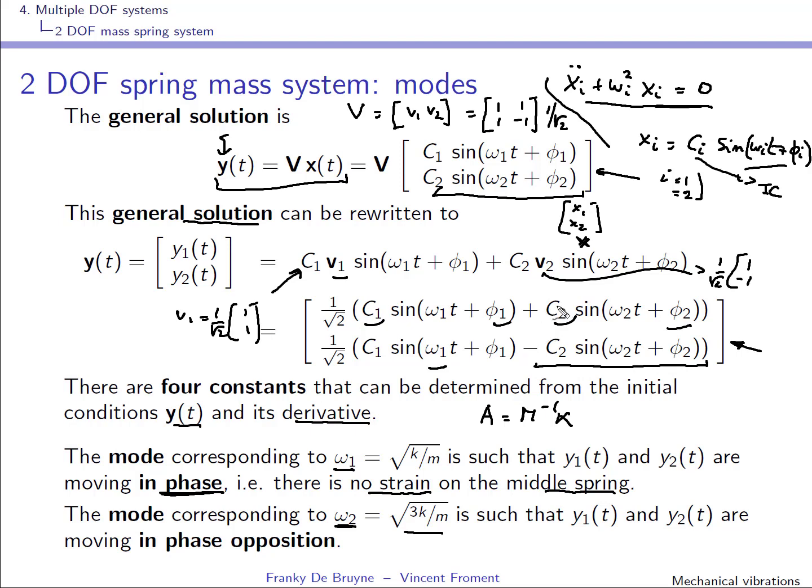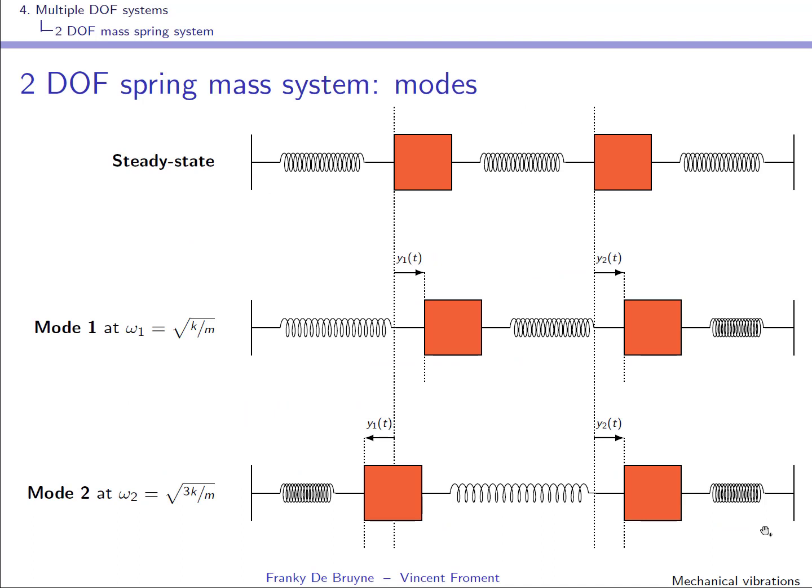The mode that corresponds to this frequency here, that's what you see over here. You see that y1 and y2 move in phase opposition. Well, you see here what I've shown in the previous slide mathematically. So here you have your steady state, right? And you see the two modes, and each mode is associated with a given eigenfrequency. And since there are 2 degrees of freedom, you will have 2 eigenfrequencies.